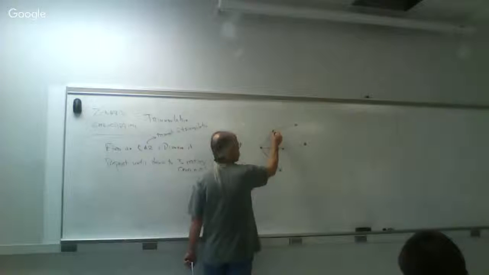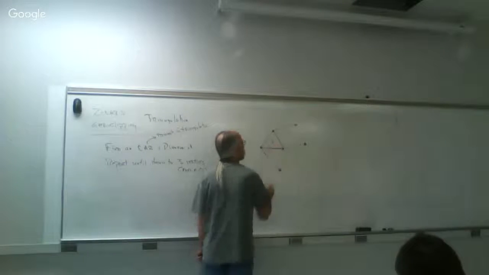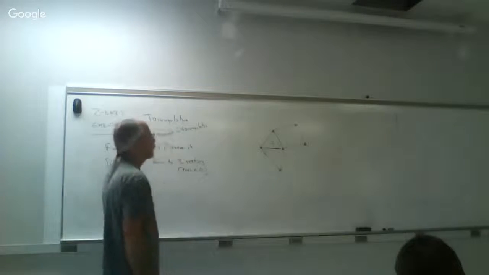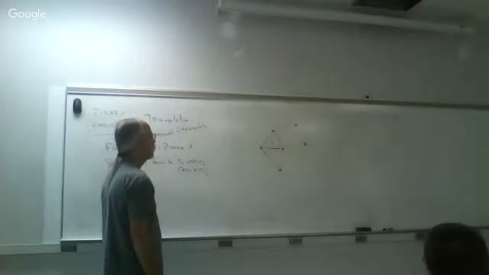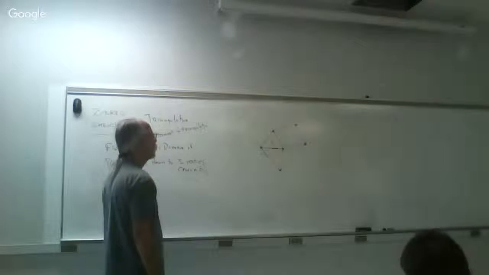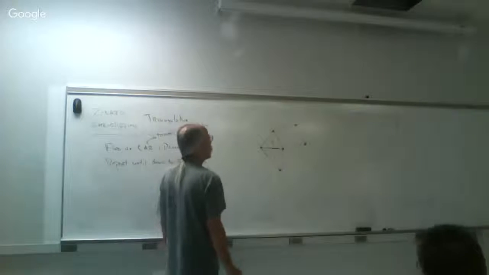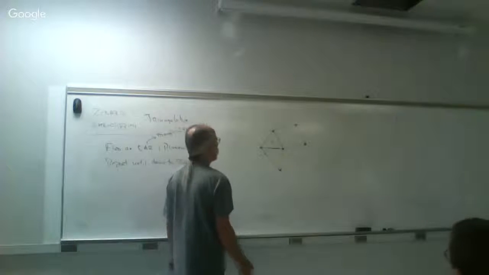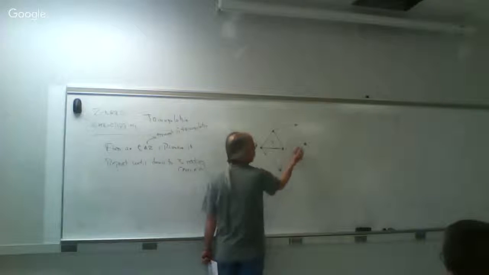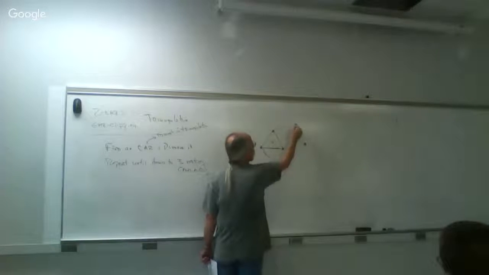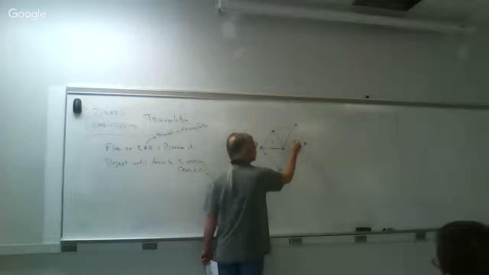I guess this is as good as anything. So we'll remove that ear and we're left with that four-sided polygon. And there are several ears in here, but let's say we remove this one.